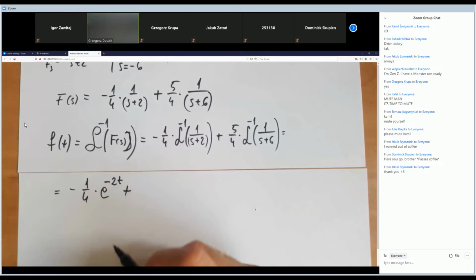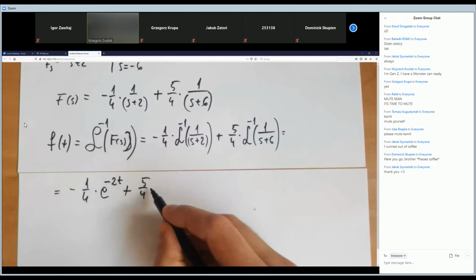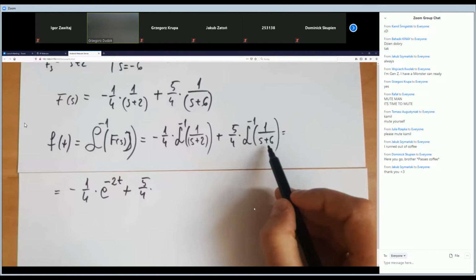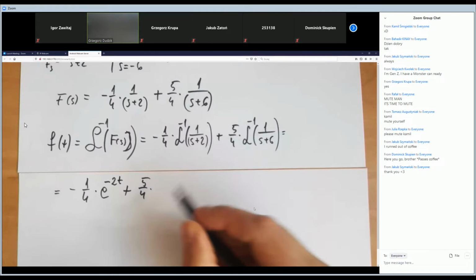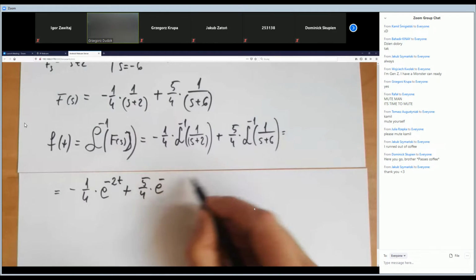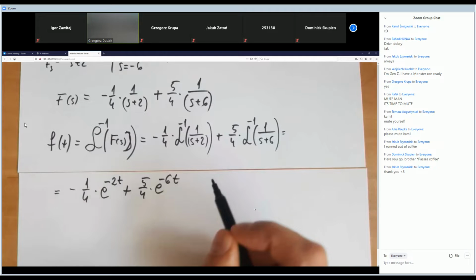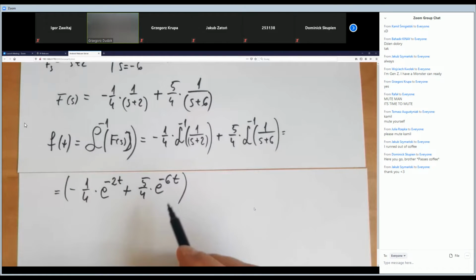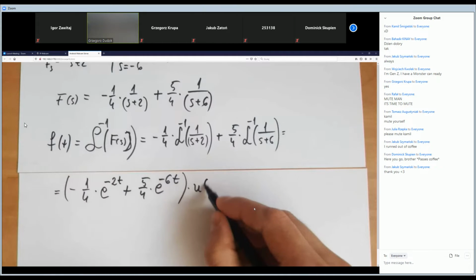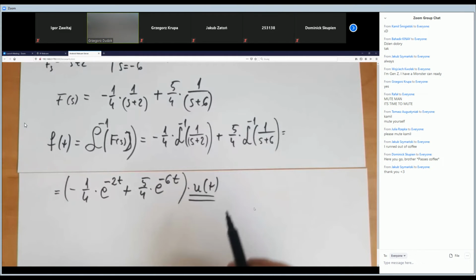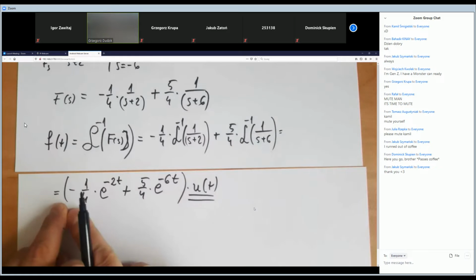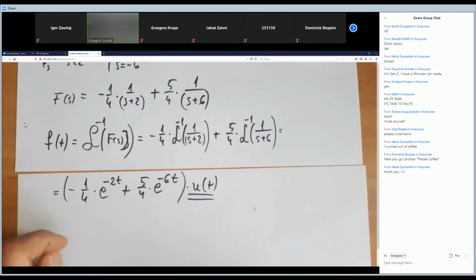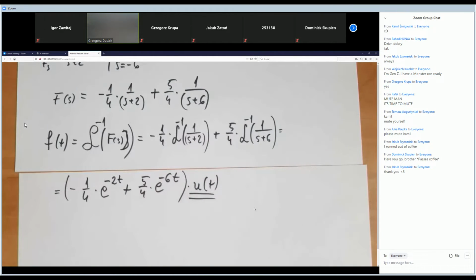Plus 5/4 times, and here we've got the same, however a is different, so it is e to the power of minus 6t. So this is the result in the time domain. However, we have to multiply it by the unit step function again. We have to remember about it. That's all. This is the mathematical expression for the F(s) function in the time domain.